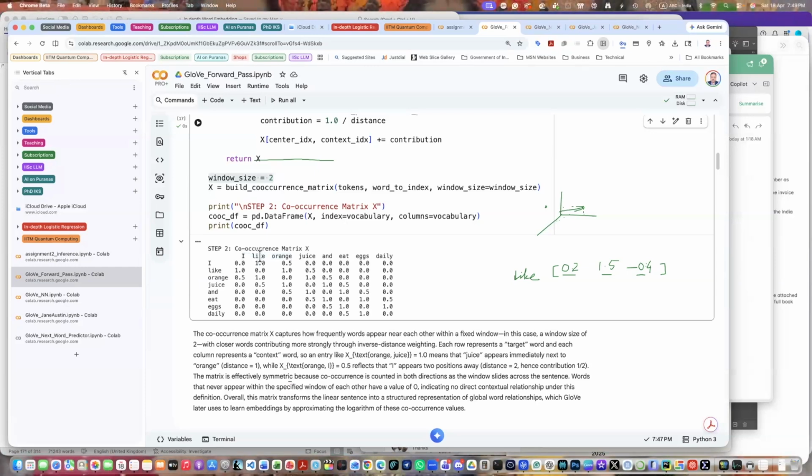If you take the word like, with itself it has a distance of 0, but with orange it has a distance of 1, and like has a distance of 2 with juice, so 1 by 2 becomes 0.5. This is how I am assigning distance to each of the words in the corpus right now.